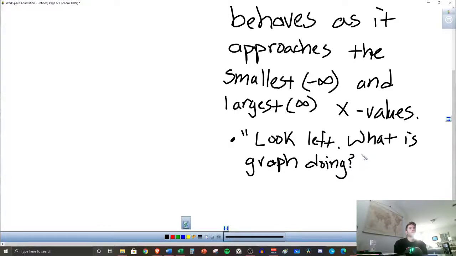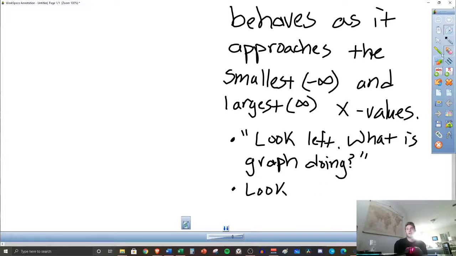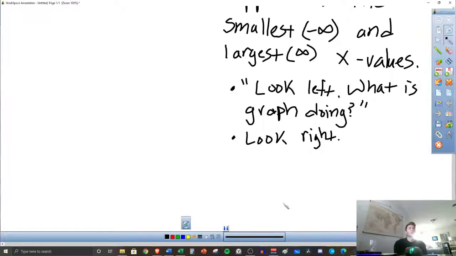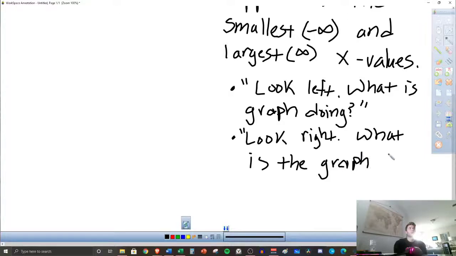Then we look right, and we say, what is the graph doing? That's always the question that we want to ask when we're looking at these graphs.